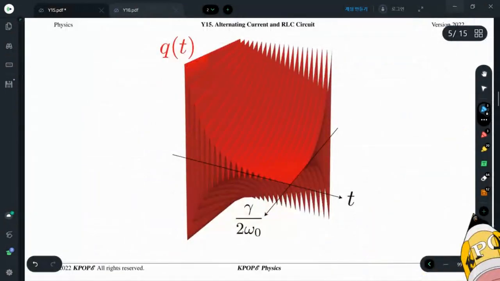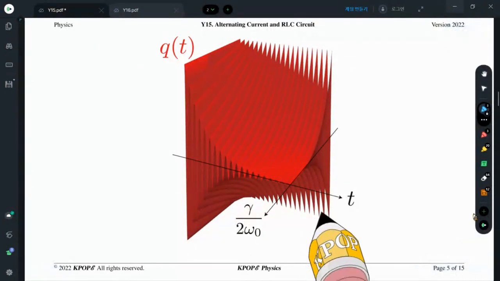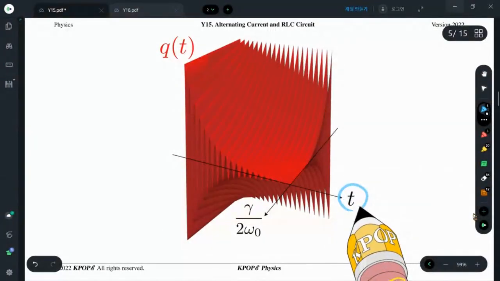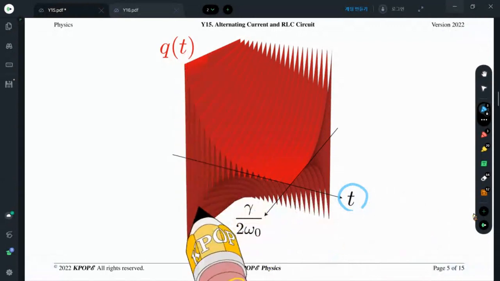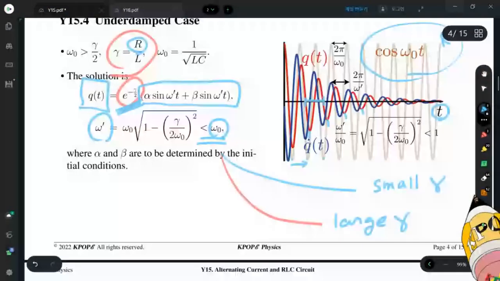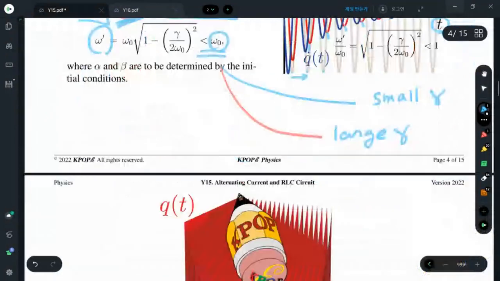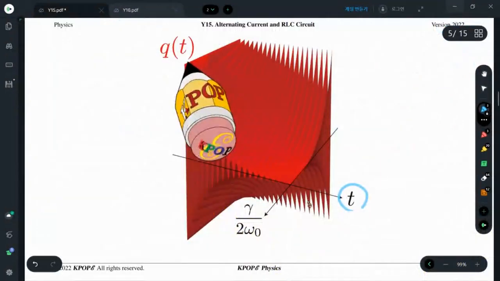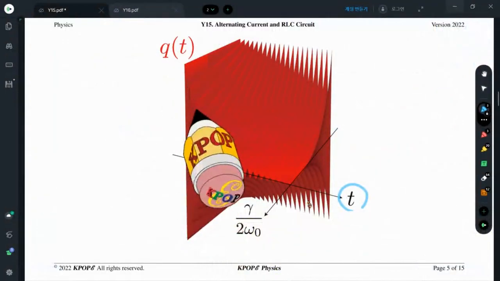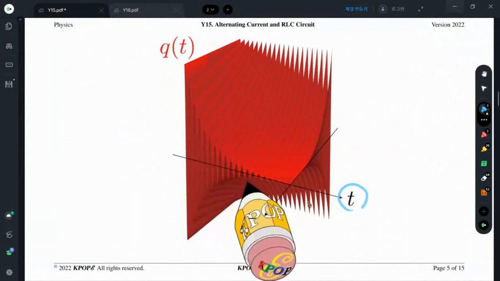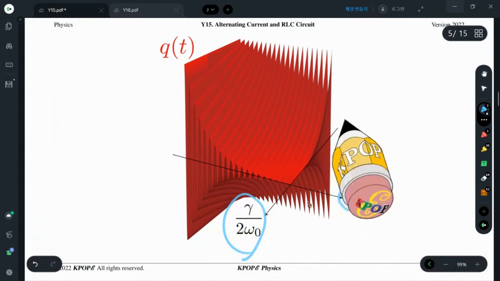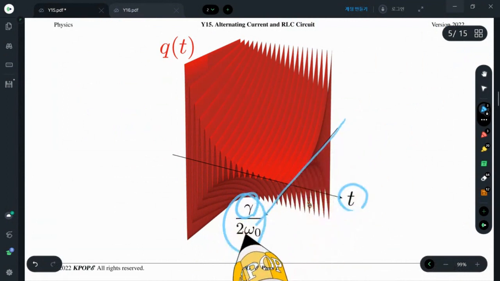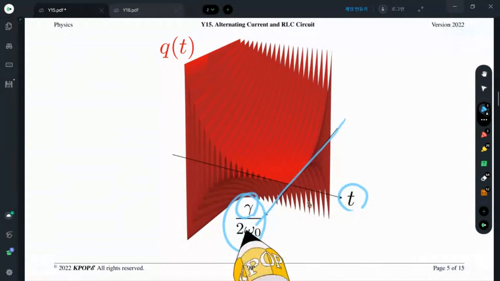You will find this is a three-dimensional plot. We have time. As time goes by, the charge saved inside the capacitor used to be a very large amount, but it decays. This axis represents gamma over 2 omega 0.